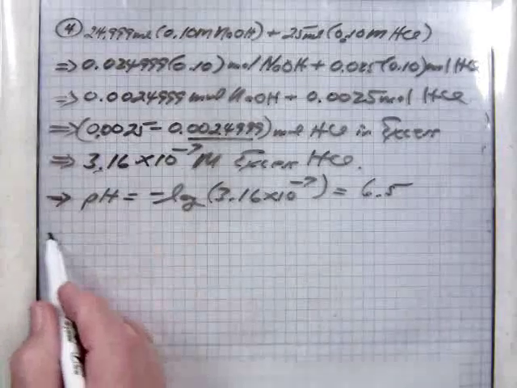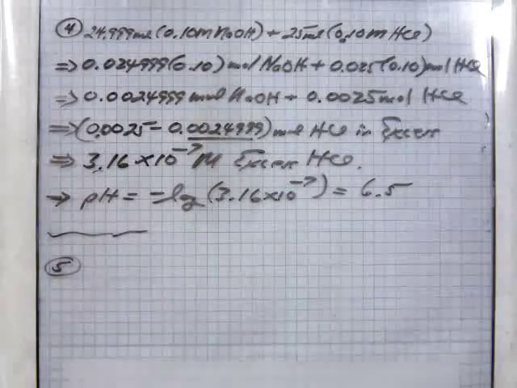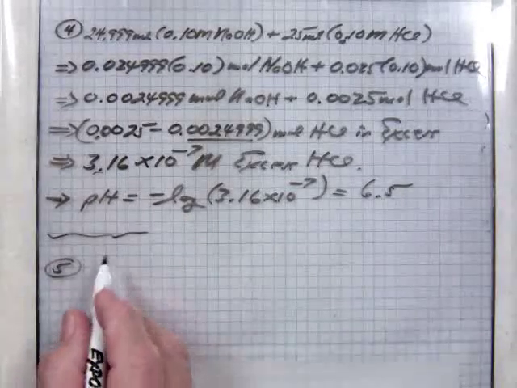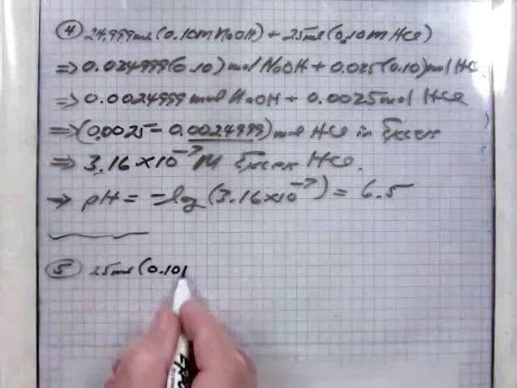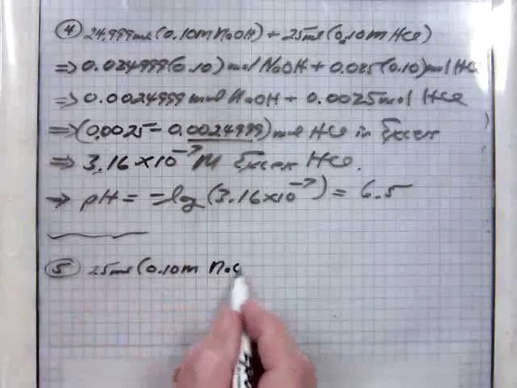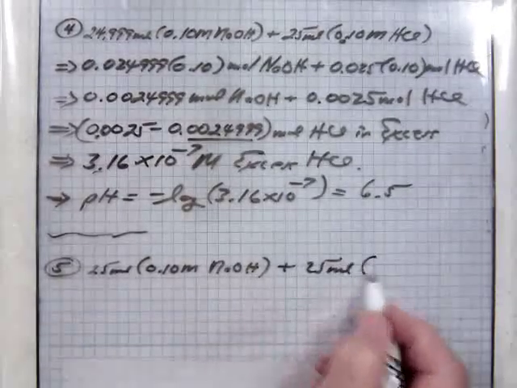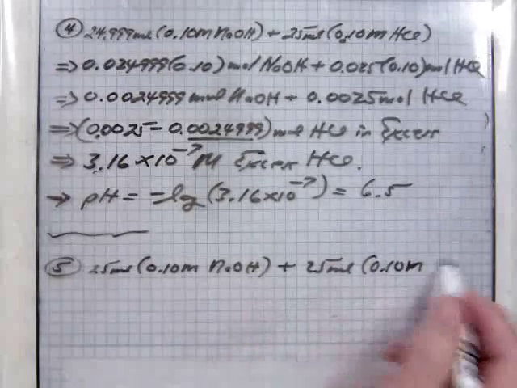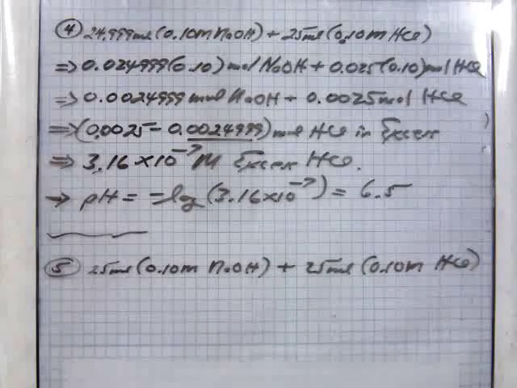Now, the fifth calculation would be at the equivalence point, and I think you can see it if you do it this way. If you have 25 milliliters of the 0.10 molar sodium hydroxide plus 25 milliliters of 0.10 molar HCl, I didn't mean to confuse you on that one. It's just my calculator wouldn't do a fine analysis.